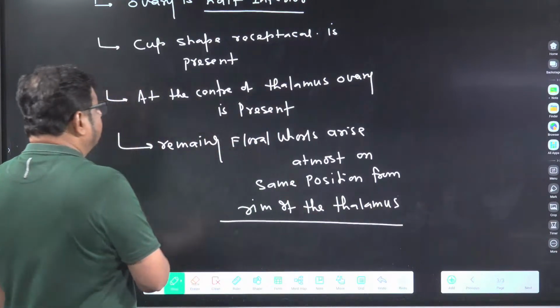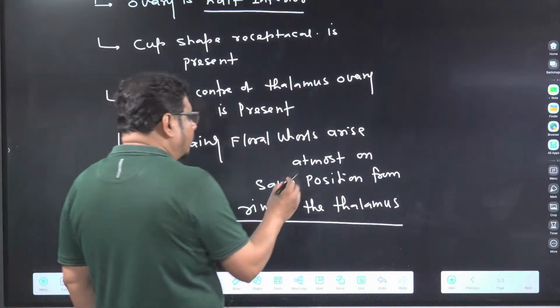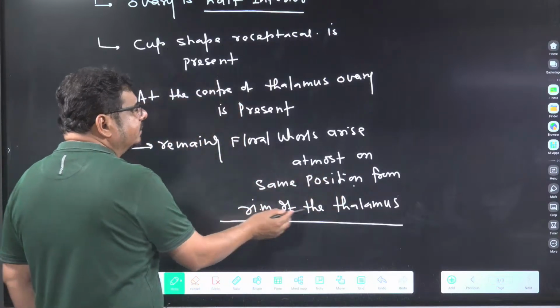What did I write? The remaining floral whorls arise almost from the same position from the rim of the thalamus.